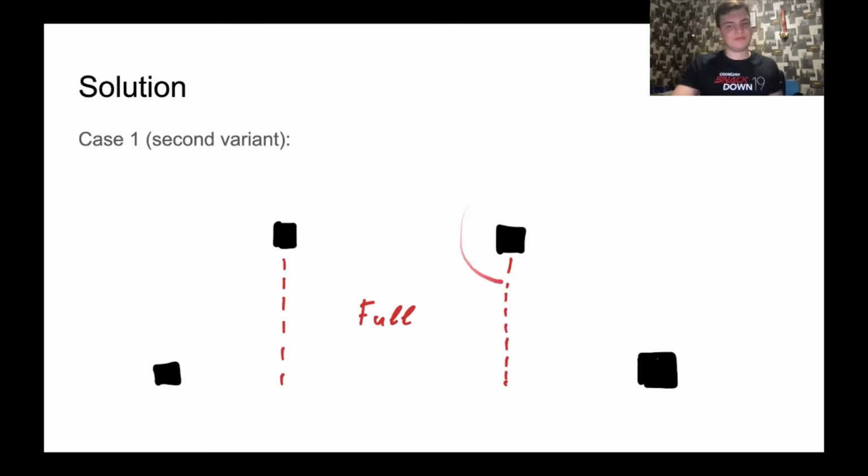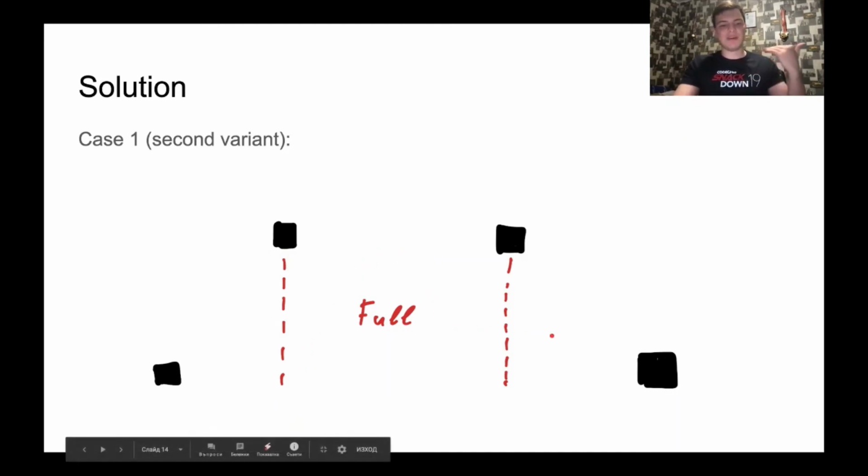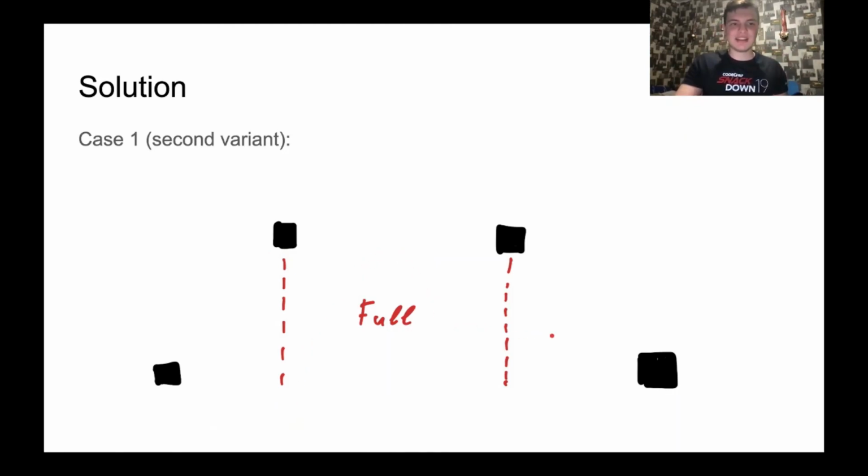So yeah, as I said, this is basically how we maintain our spreads while we are moving our border above. And yeah, this was basically the first case. There are two variations. The first one is the two rows just intersect, while the second one is one of the ranges is fully inside of the other one.